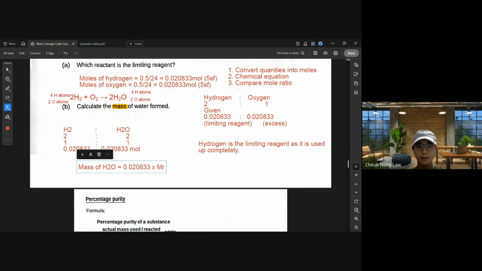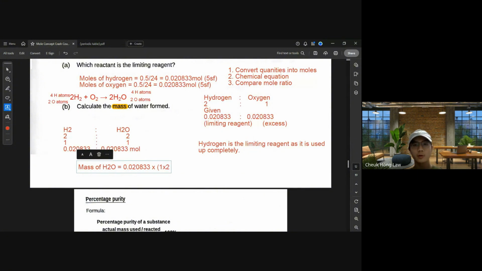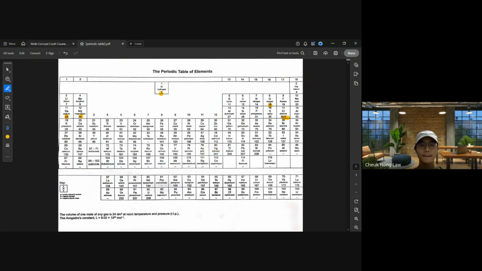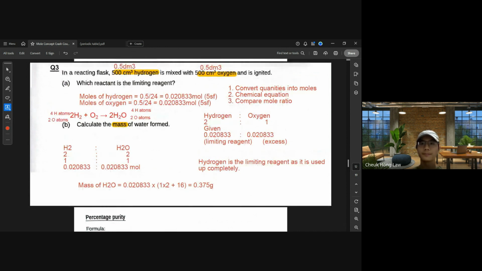And then what is the Mr? For hydrogen it is 1, so it's 1 times 2 because there are 2 hydrogen atoms. Then for oxygen it is 16. So put this into your calculator: 0.375. Okay, so this is the mass of water.